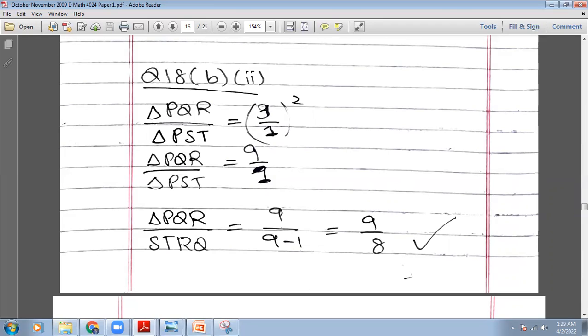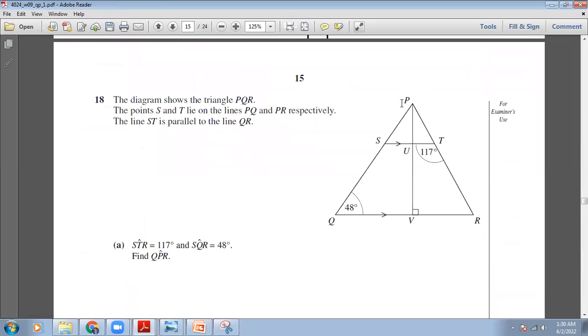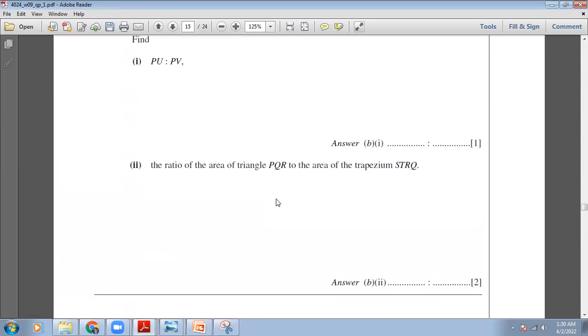So the area of PQR will be 9, and the area of that trapezium will be 9 minus 1. So it will be 9 divided by 9 minus 1, and that will be 9 by 8. From this whole triangle, if you subtract the area of this small triangle, the remaining will be that trapezium.